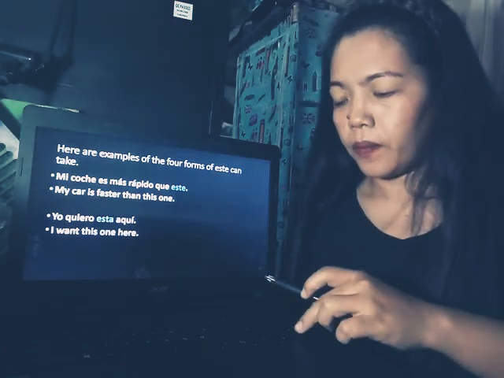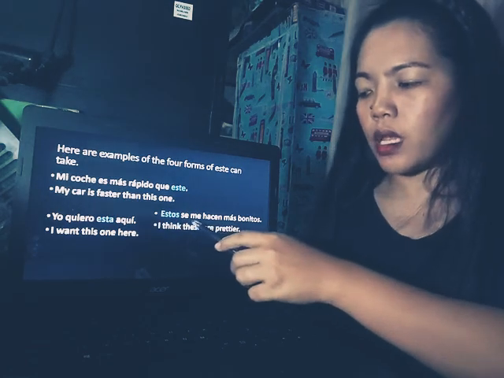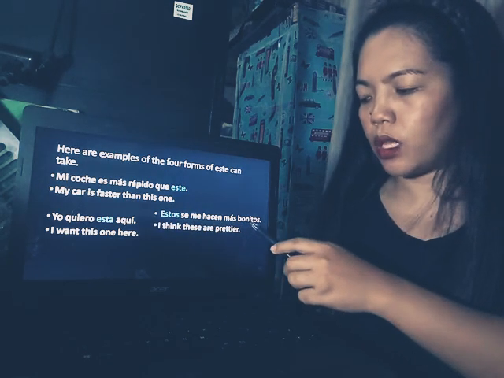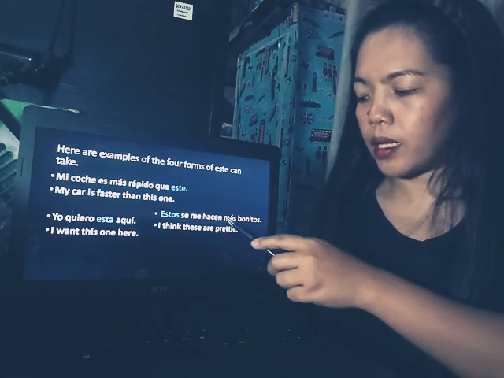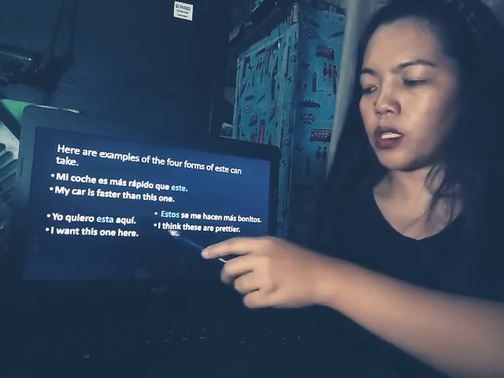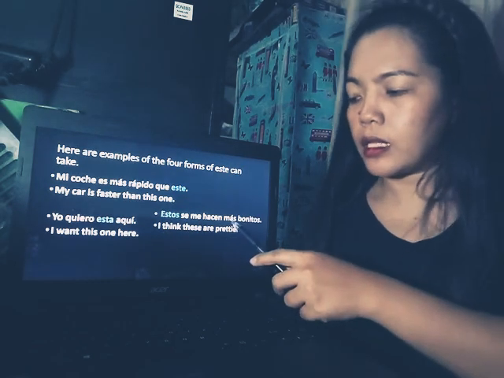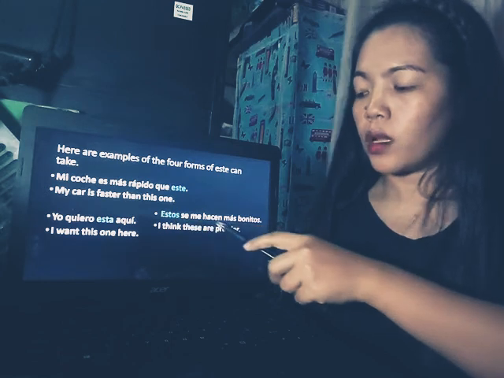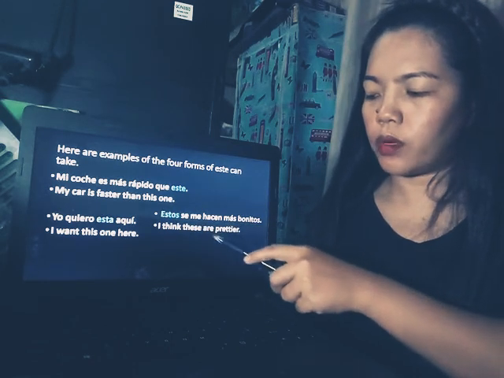Esta aquí. Next is estos sí me hacen más bonitos. So you can say I think these are prettier. Estos, meaning plural form, bonitos, prettier.